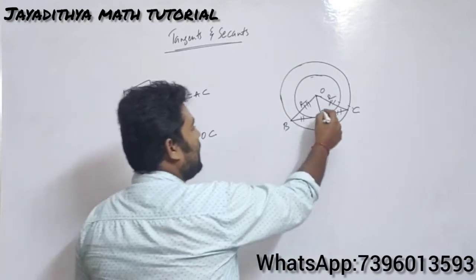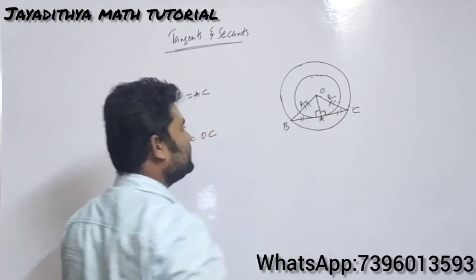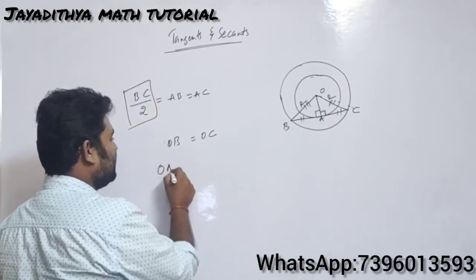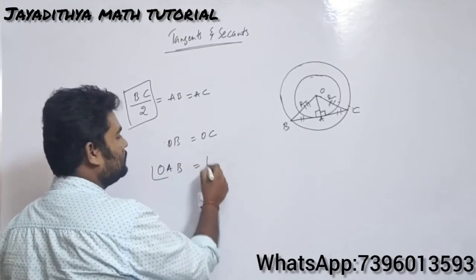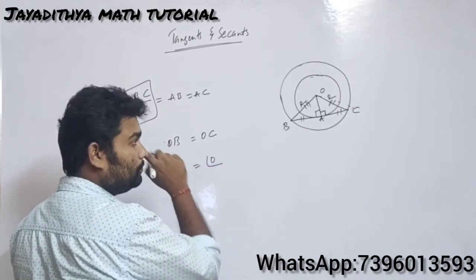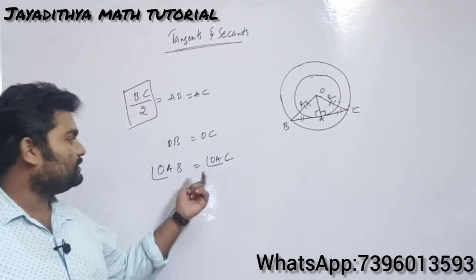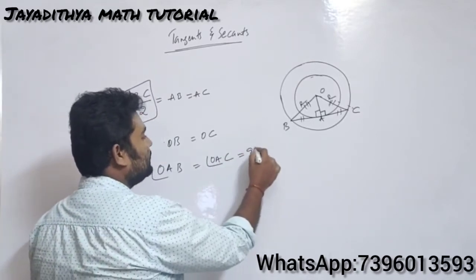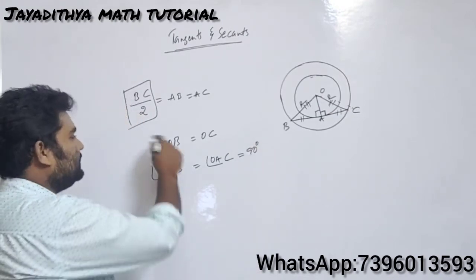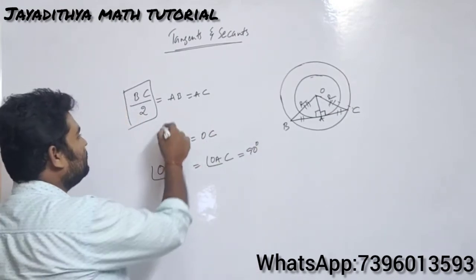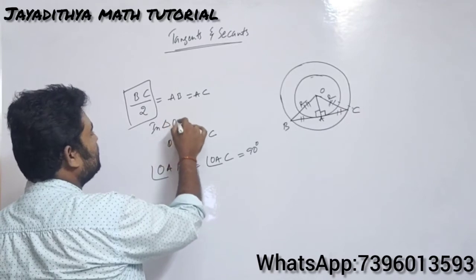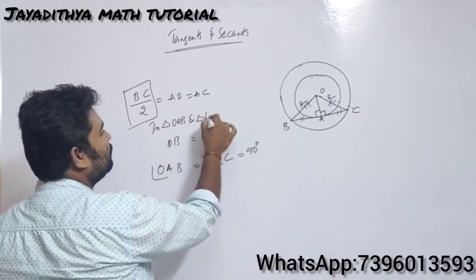If the angle here is 90 degrees, here also the angle must be 90 degrees. So let us take angle OAB is equal to angle OAC, which is equal to 90 degrees. These are the things we are talking about in the two triangles, triangle OAB and triangle OAC.